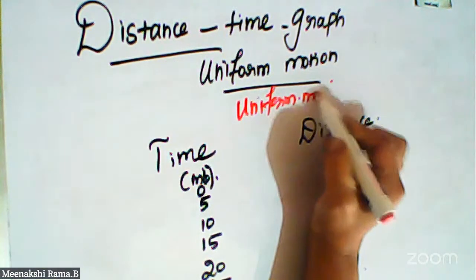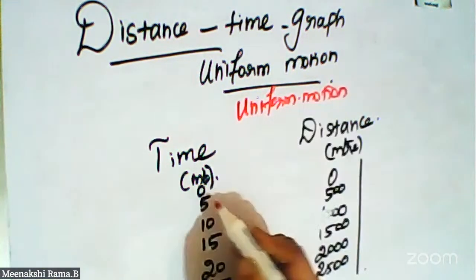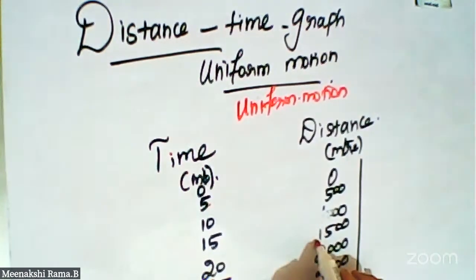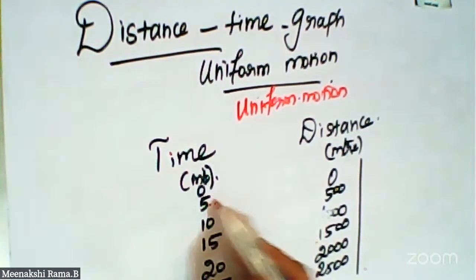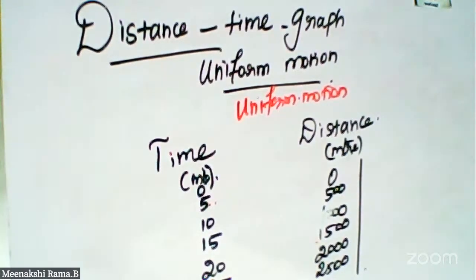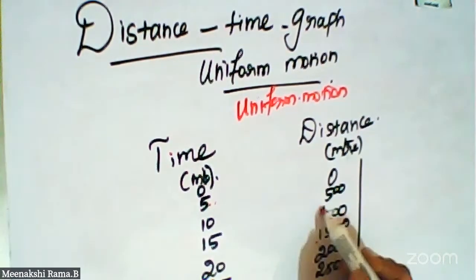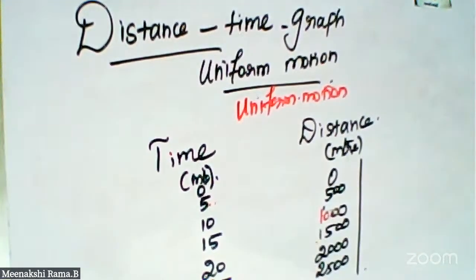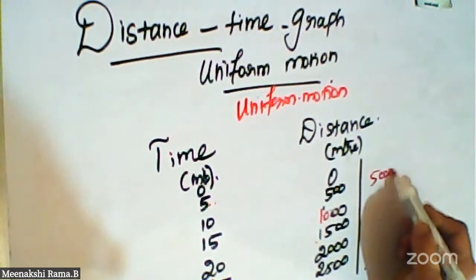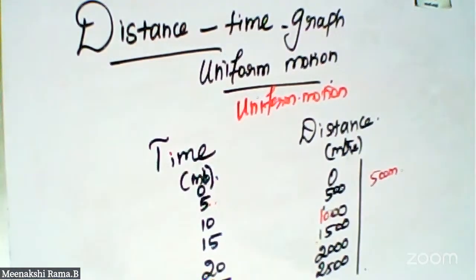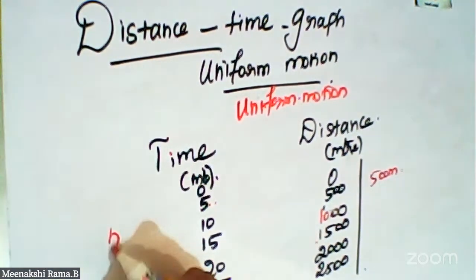In uniform motion, time as well as distance are both maintained in the same condition. This is 5, 10, the same condition, 500 and then 1000, 1500. He crosses 500 meters in each and every 5 minutes.